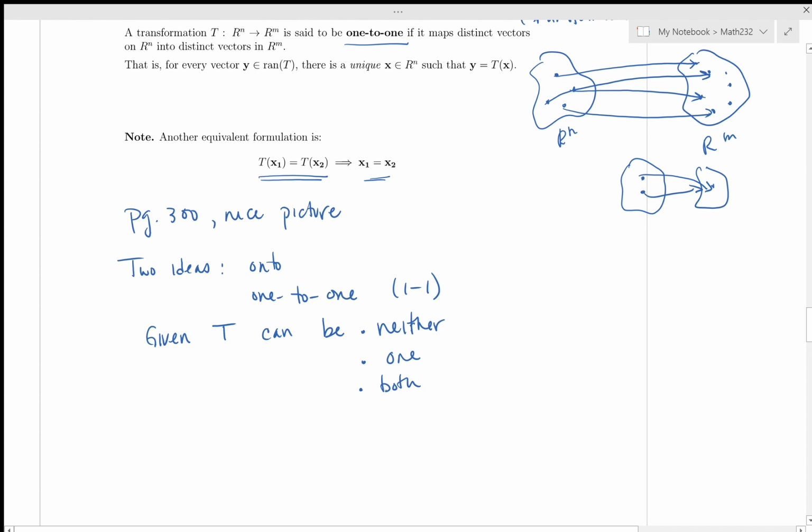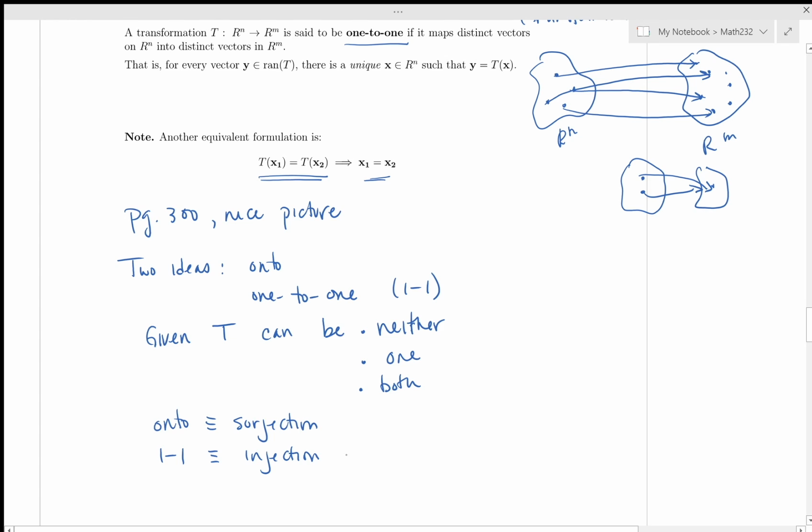The other thing to alert you to, I'm not going to be 100% about this, but I do not believe your textbook uses this term: onto is also called a surjection, and one-to-one is also called an injection.